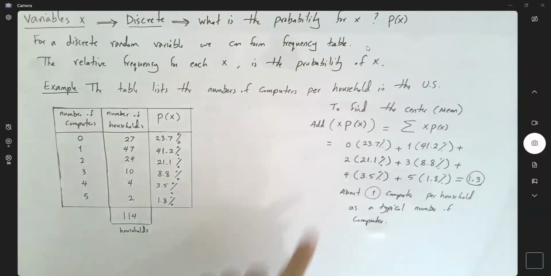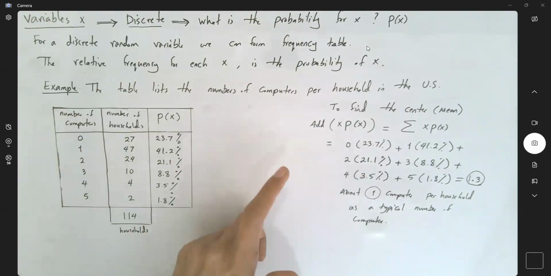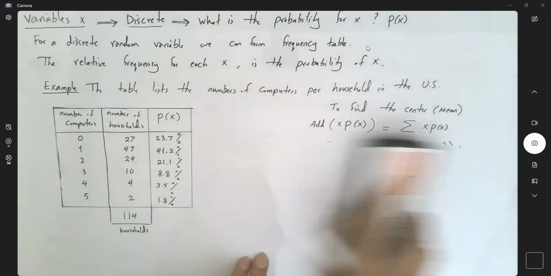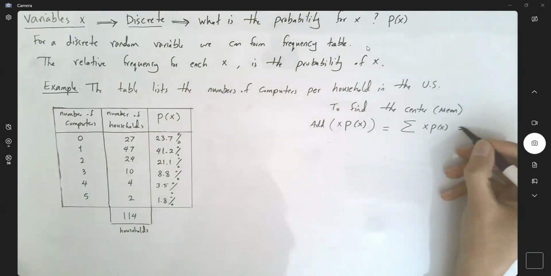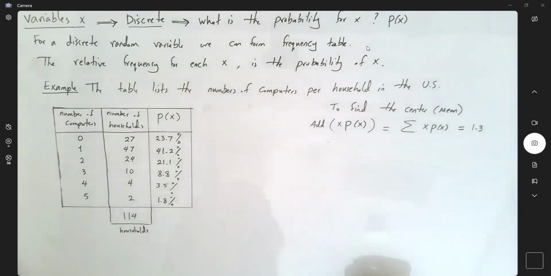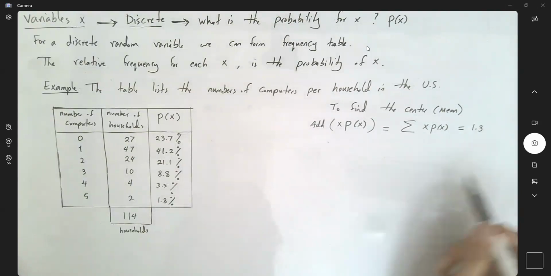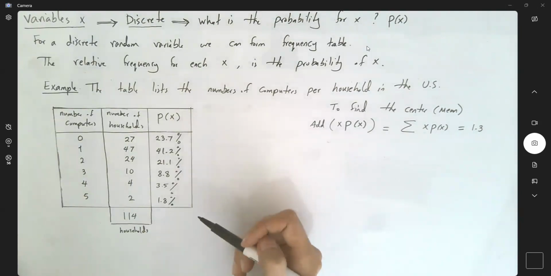Now that we found the average or the mean, we're interested in knowing what is the standard deviation. So I'm going to leave the formula for the mean here, and that we found it as 1.3. To find the standard deviation, what are you going to do? You're going to create the rest of these columns. You need to have the variation from the mean.